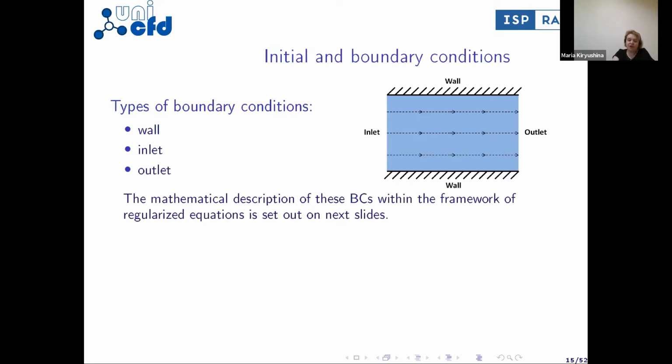And in our case, this condition is determined by the parameters max Courant and max delta T in controlDict. On this slide we are considering the following types of boundary conditions for the supersonic problem: wall, inlet and outlet. And mathematical description of these boundary conditions is set out on the next slide.